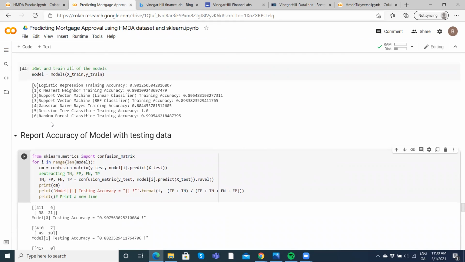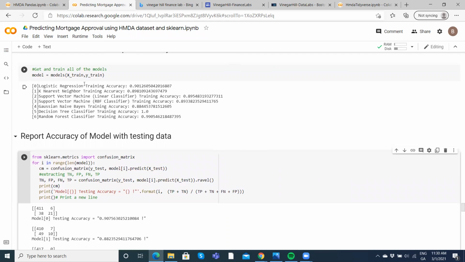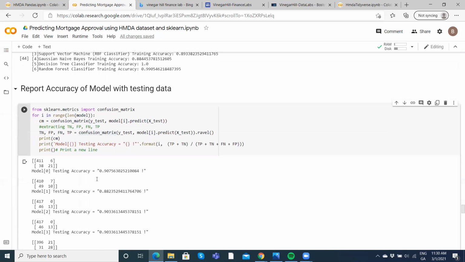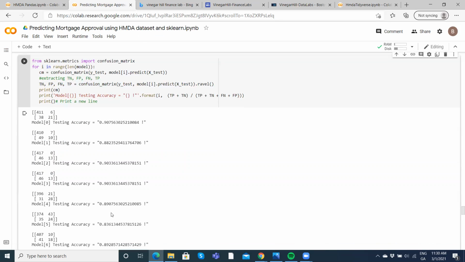So we have model 0 to 6: logistic regression, K nearest neighbor, support vector machine, just two of those, Gaussian naive Bayes, decision tree classifier, random forest classifier, model 6. For each of those models, taking the testing data and applying each of the algorithms we've created, we get these confusion matrices, and you can see the level of accuracy has dropped on our model.